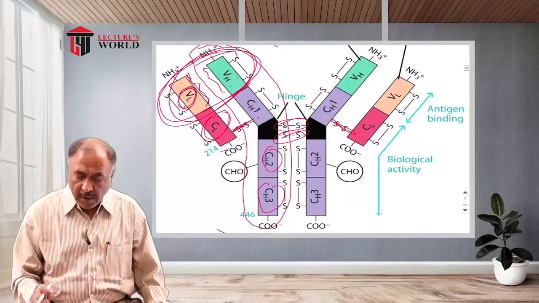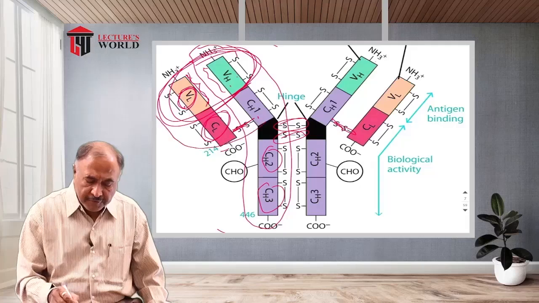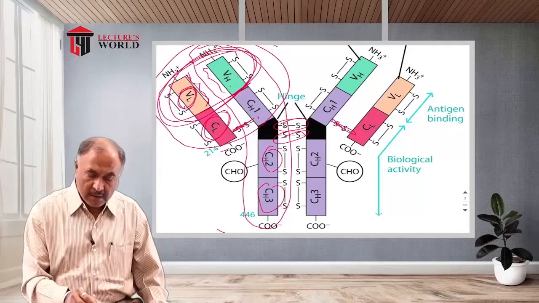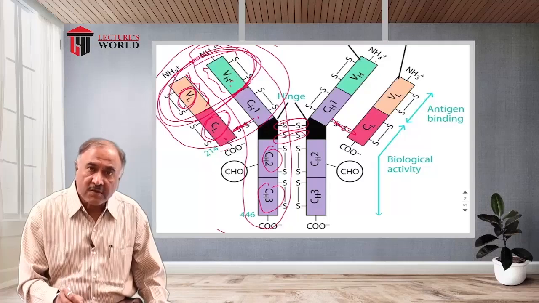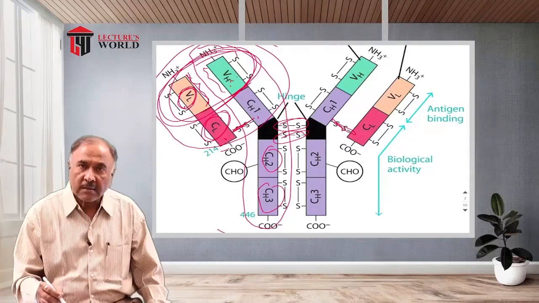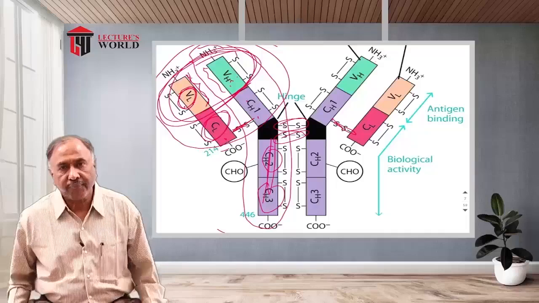Now, these two arms, which consist of variable light, variable heavy, constant light and constant heavy 1, plus these two, it forms the complete structure.